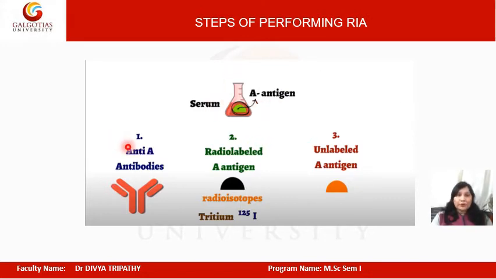The first is monoclonal anti-A antibodies that can bind with A antigen to form a precipitin band. The second is the radio-labeled A antigen, labeled with an isotopic element like tritium or iodine 125. The third is unlabeled A antigen. So now we have four things, and we are ready to perform this radioimmunoassay.